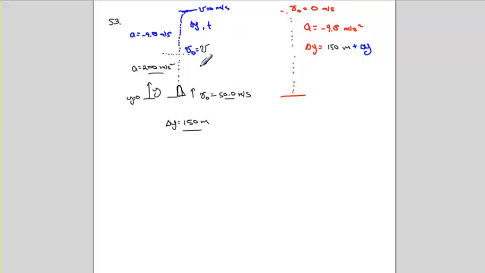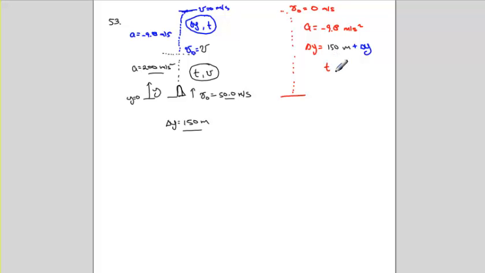So we can also calculate t here, and let's circle what we're going to calculate. We're going to calculate delta y and t. Here we're going to calculate t and v. And over here on the red part, we know delta y, we know acceleration, and we know v0, so we can calculate how long it takes to fall as well.